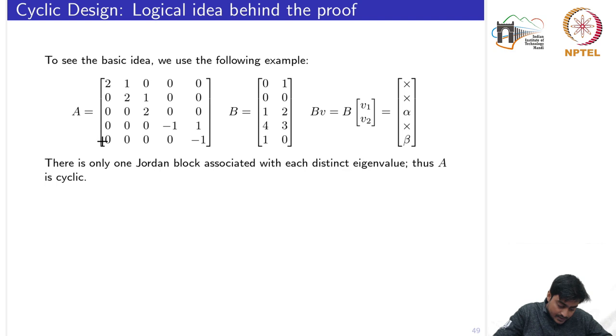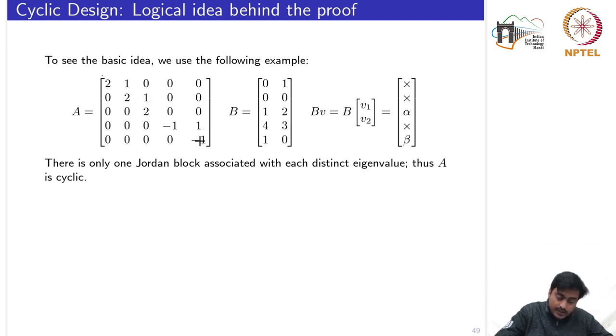For example, consider this A matrix, which is a 5 cross 5 matrix, and B is a 5 cross 2 matrix, meaning we have 5 states and 2 inputs. If we pay attention, matrix A is already given in its Jordan form. In overall, it contains 5 eigenvalues, but has only 2 distinct eigenvalues.